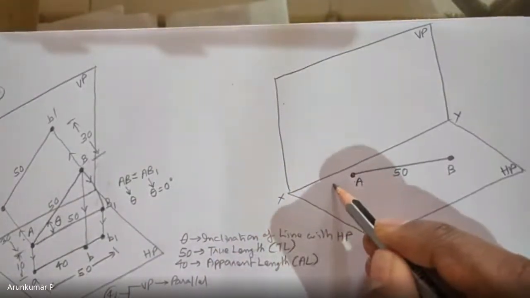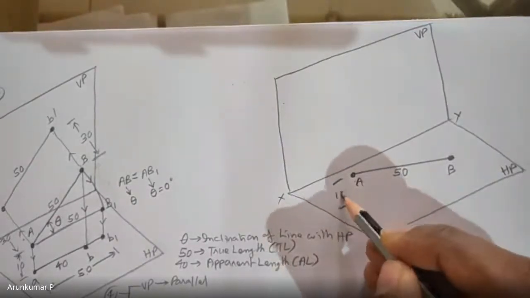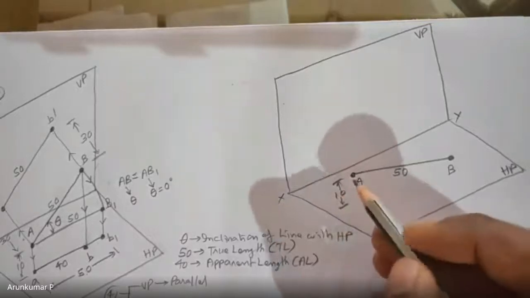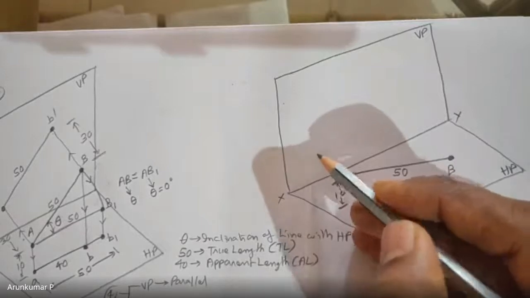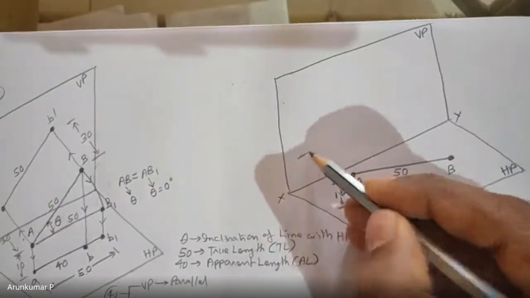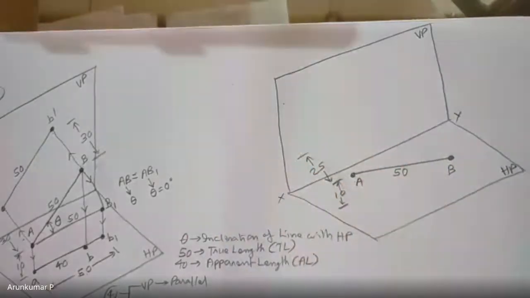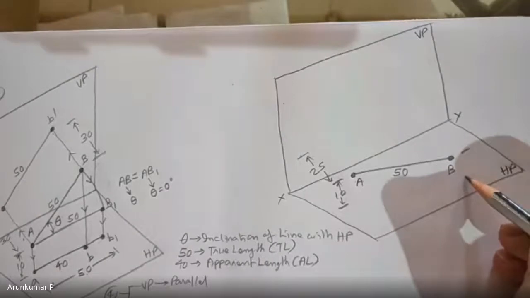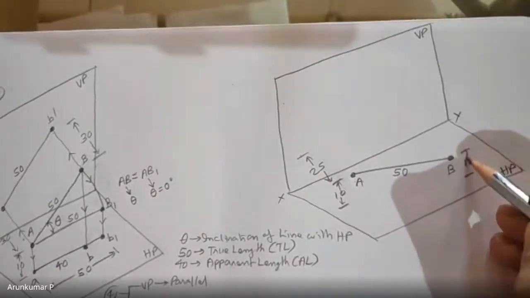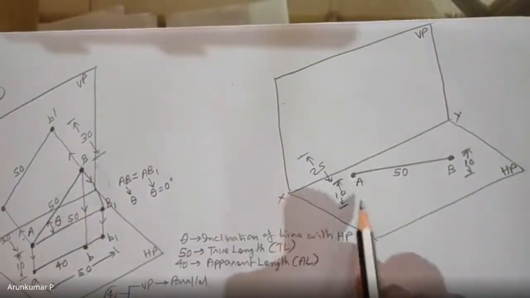So end A is 10 mm above HP. End A is around 25 mm in front of VP. Okay. End B is also 10 mm above HP, same as end A.